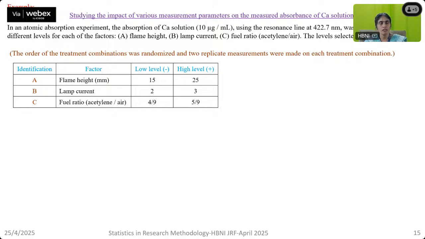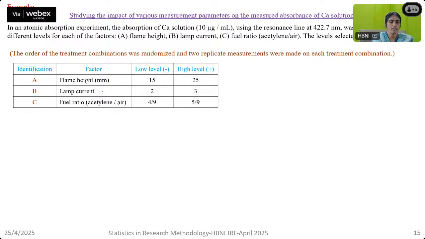Say, for example, if one person is doing the determination of calcium using atomic absorption spectrometry, the factors which may affect the measurement are the flame height, lamp current, and fuel ratio, that is the fuel to oxidant ratio.